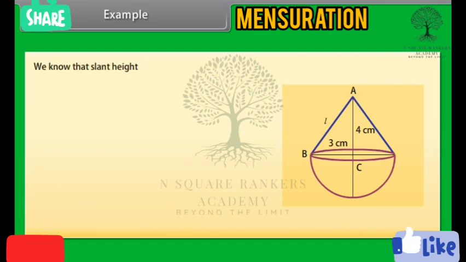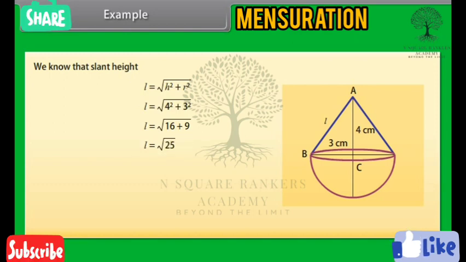We know that slant height l is equal to square root of h square plus r square, which equals square root of 4 square plus 3 square, which is equal to square root of 16 plus 9, which is equal to square root of 25, which equals 5 cm.